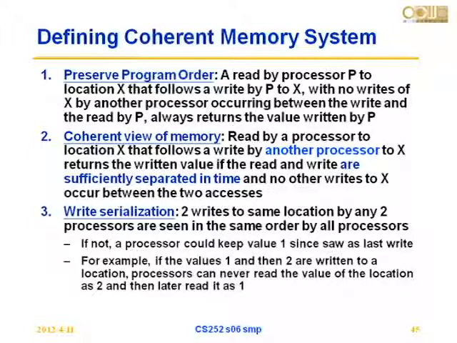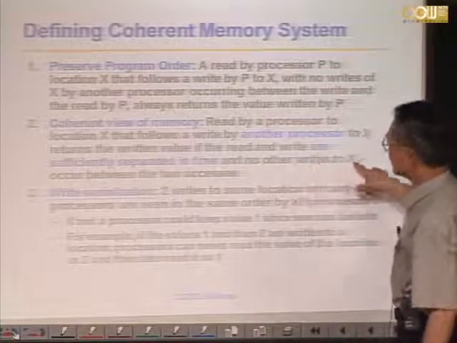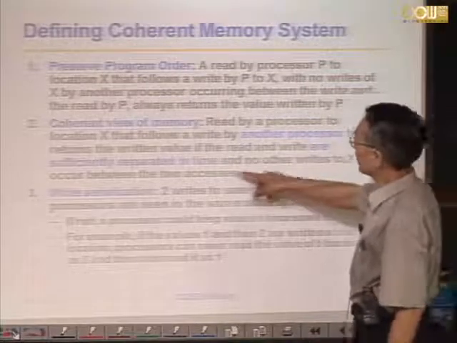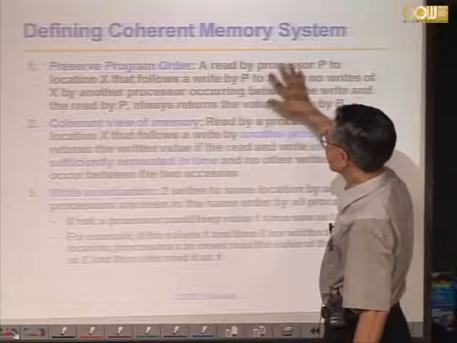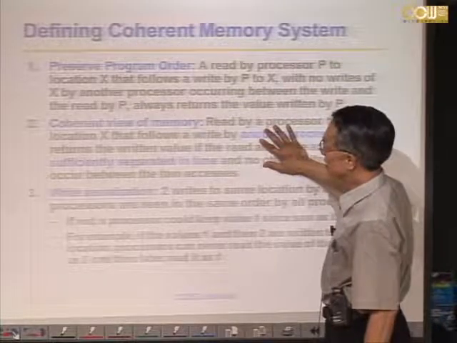Coherent view of memory. A read by a processor to location X that follows a write by another processor to X returns the written value if the read and write are sufficiently separated in time and no other writes to X occur between the two accesses. This has to do with consistency. This has to do with coherence.